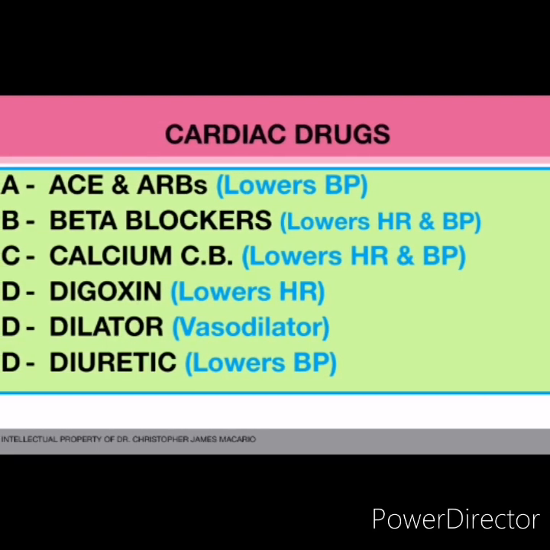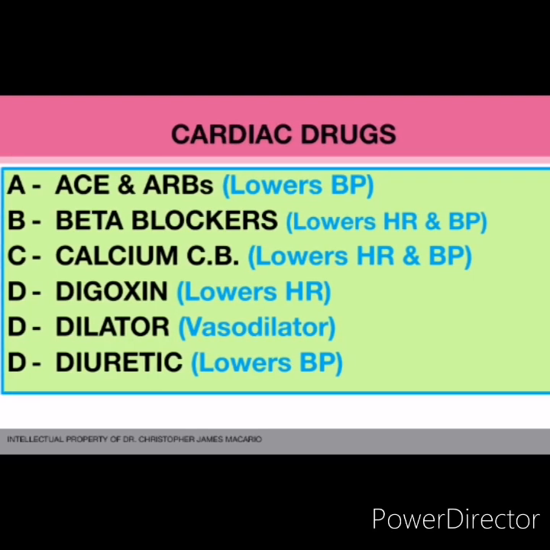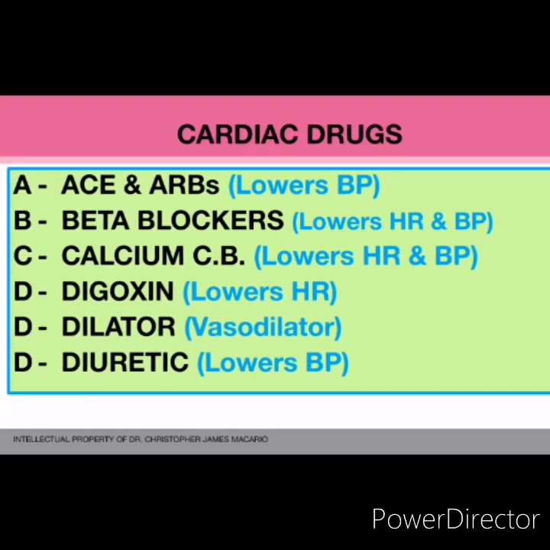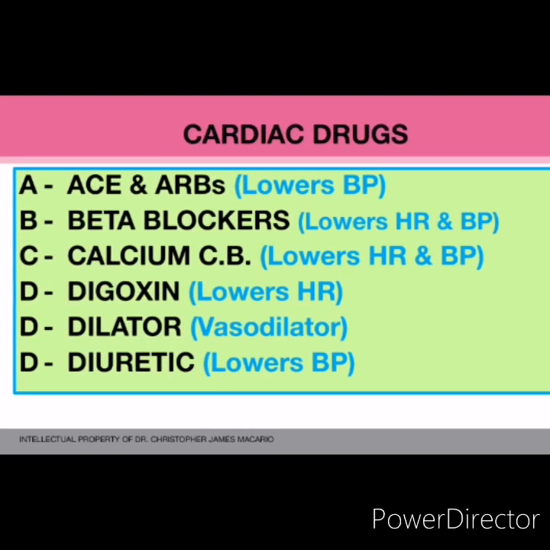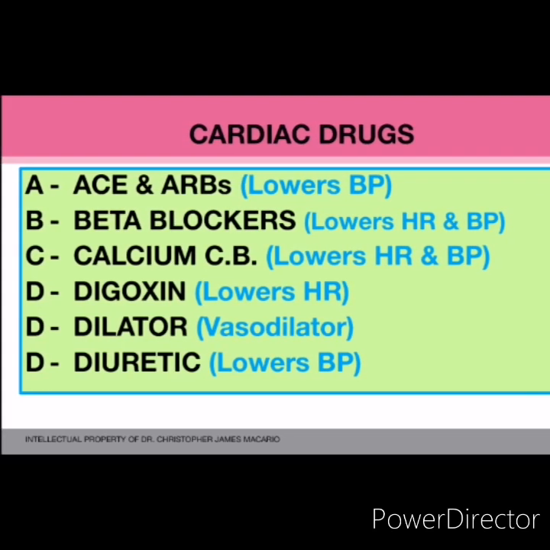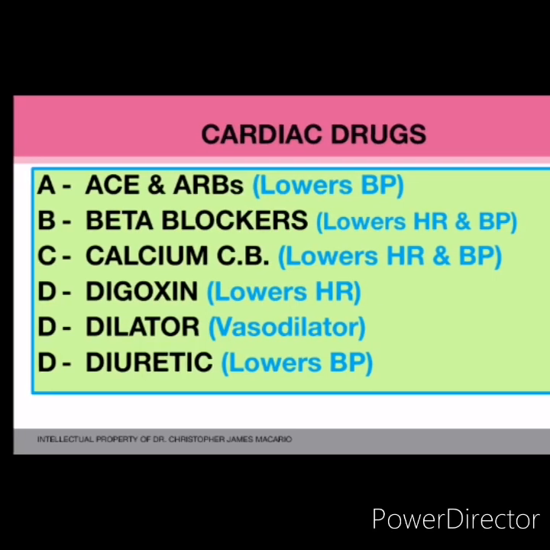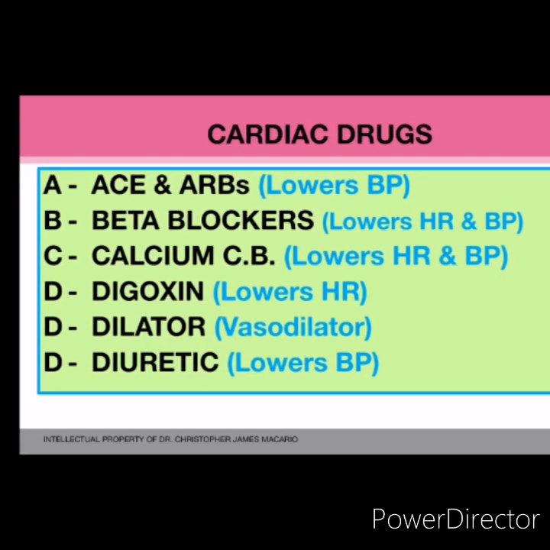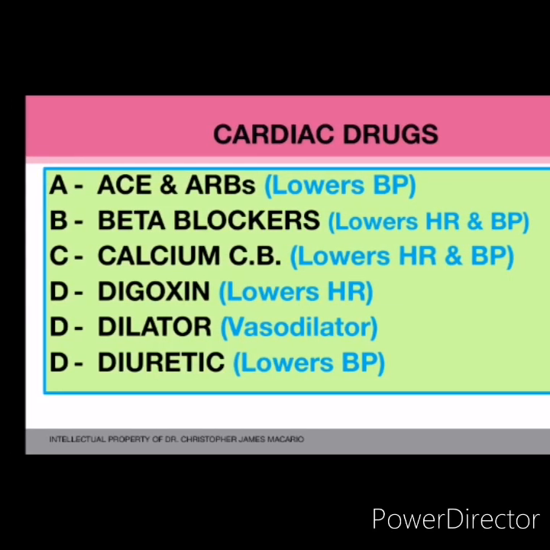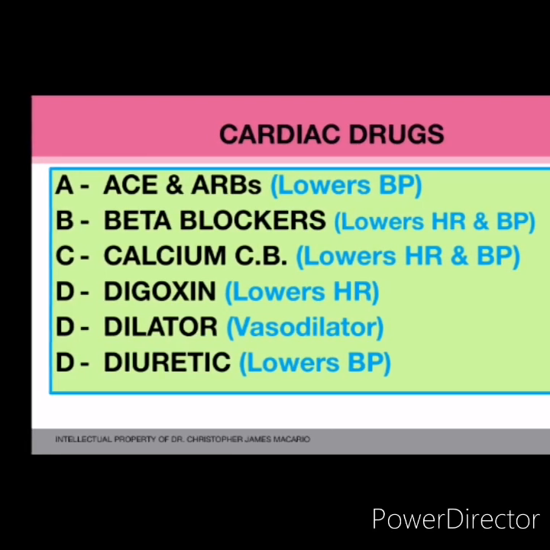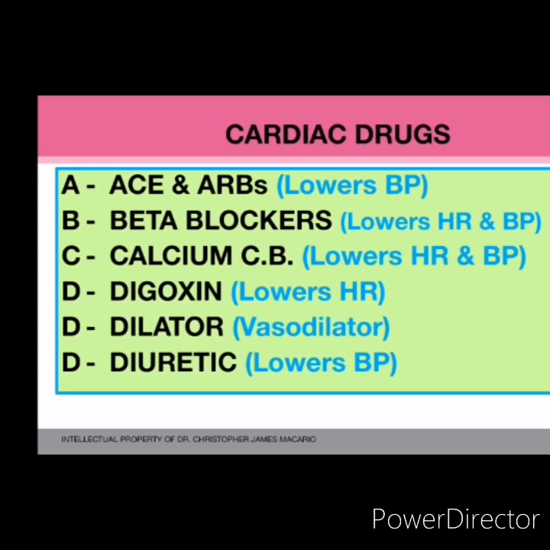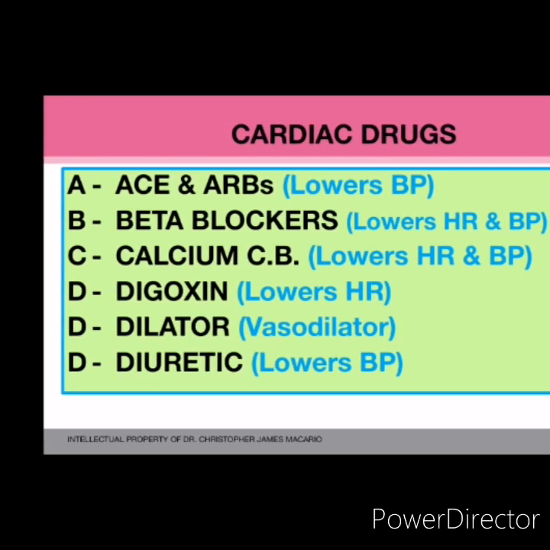Dilator, from the word itself, dilator or nitrate, which dilates the capillaries, or yung sinasabi nating peripheries natin. Okay, and you have your diuretic, which we have already discussed, which promotes diuresis, and its effect lowers the blood pressure.